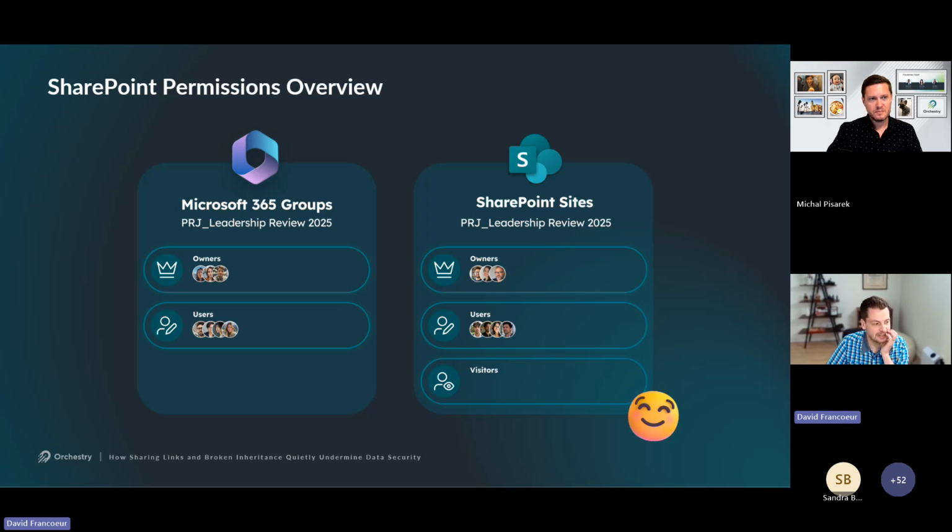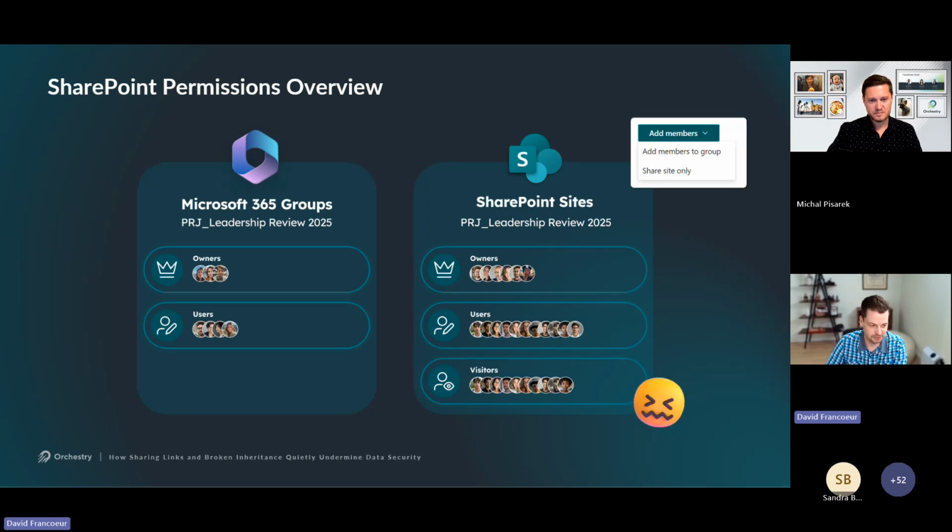But what often happens, and this is something we see with a lot of our customers, we're very fortunate to be able to see patterns across many hundreds of customers, is situations occur like this very easily. Microsoft has actually made it very easy with this share site only button, Michael, that we love to hate, right?